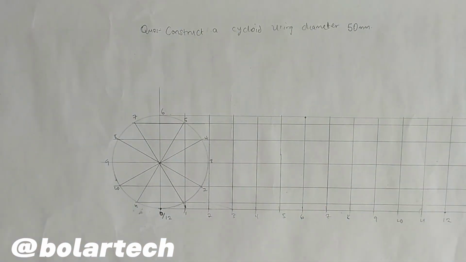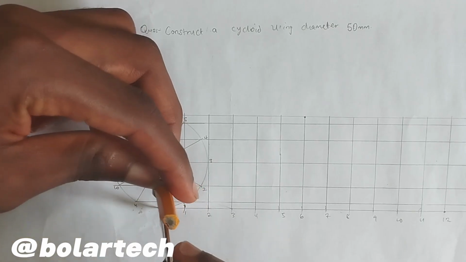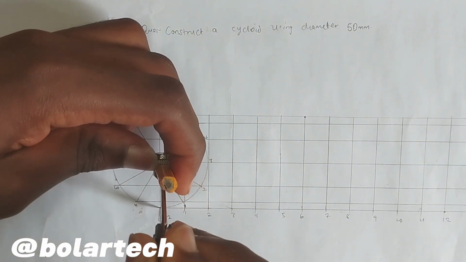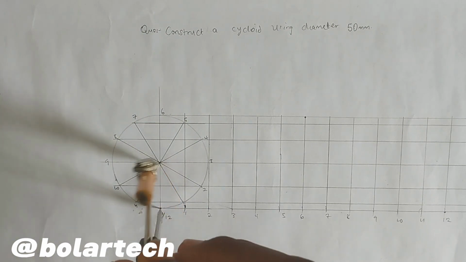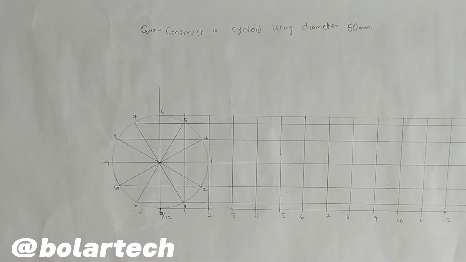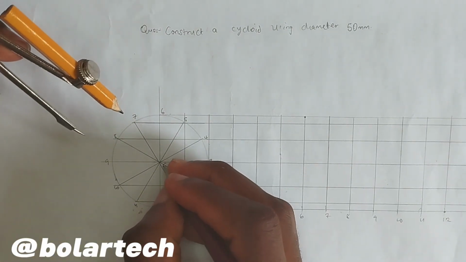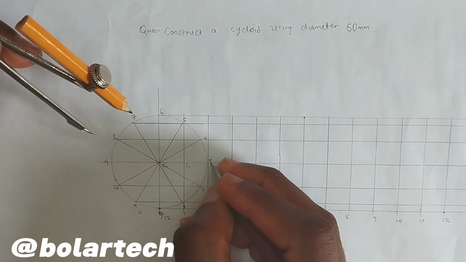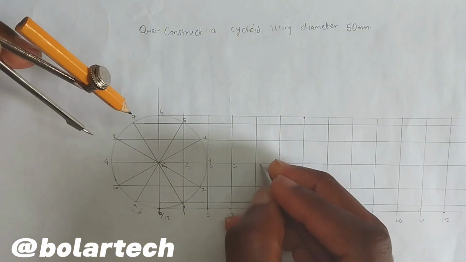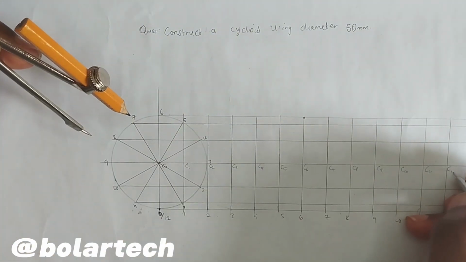So now we'll pick our compass. You pick the radius of the circle. You pick the point on your compass. This is the center of the circle. So this is C0, this is C1, C2, C3, C4, up to C12.